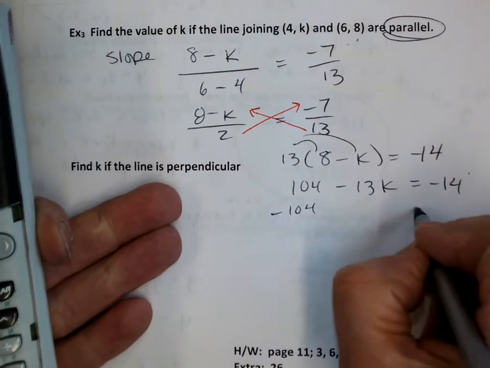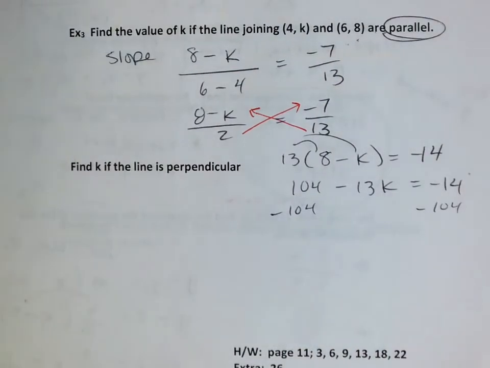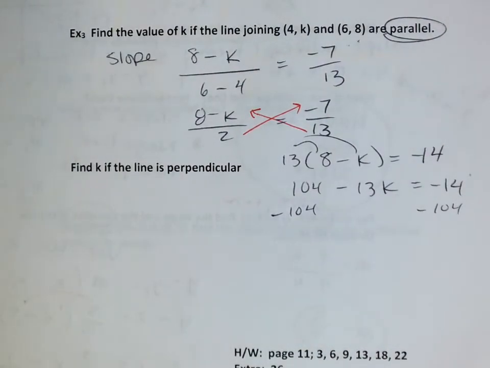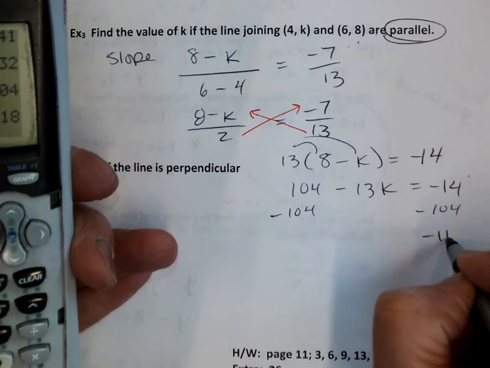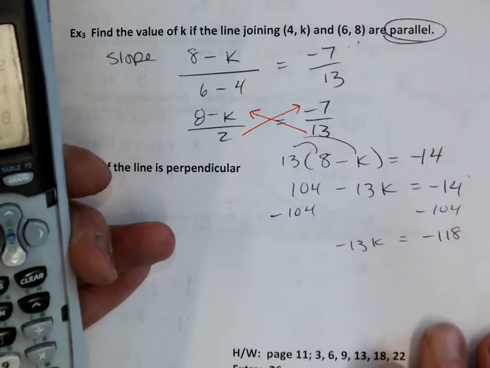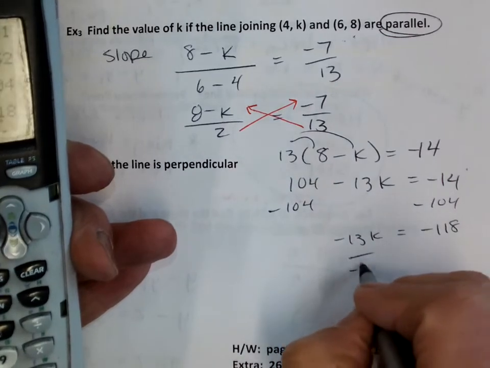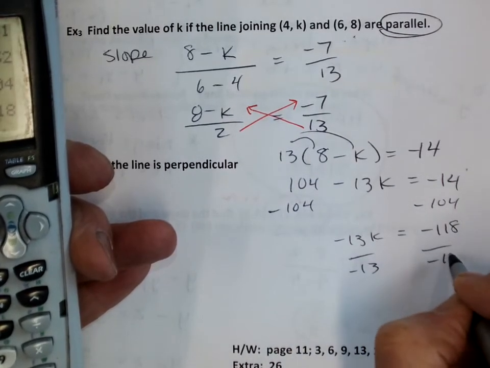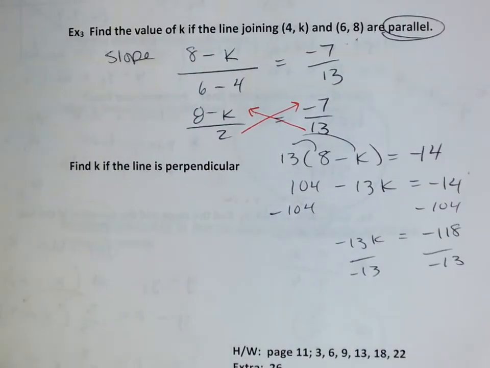Minus 104, because I'm just solving for k, right? And I get negative 118 equals negative 13k. Divide by negative 13, divide by negative 13. I might get a decimal, let's see. Yeah, about a 9.